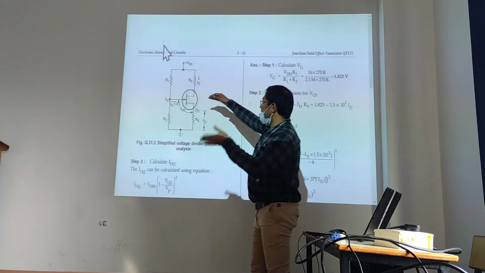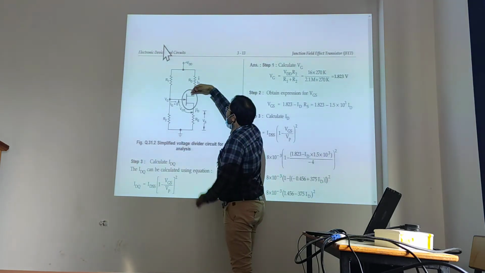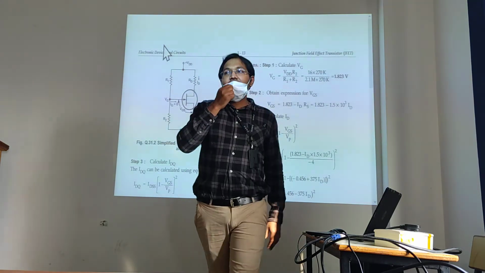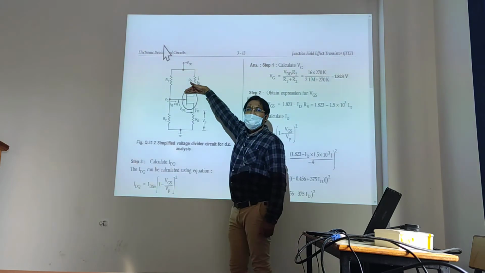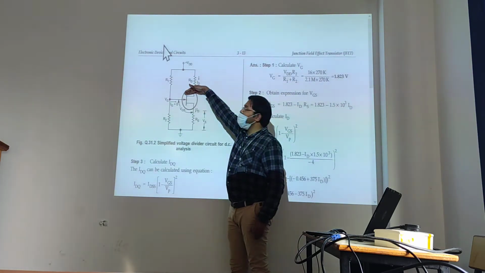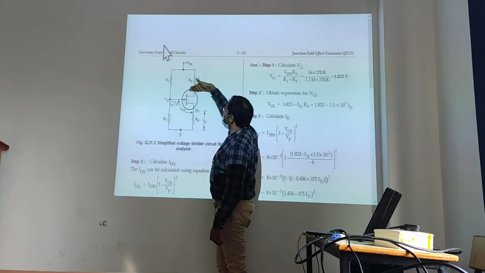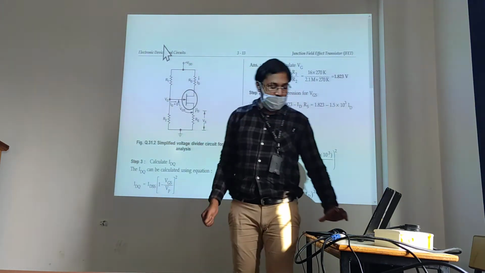The voltage here is VD. So VD, the total voltage minus this voltage, will be VDD minus ID into RD.